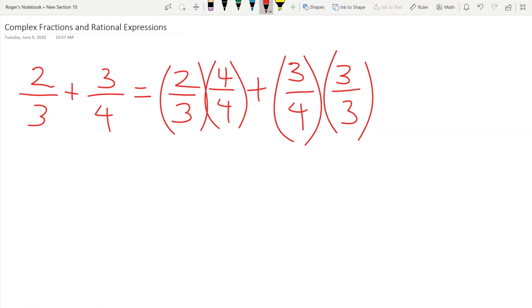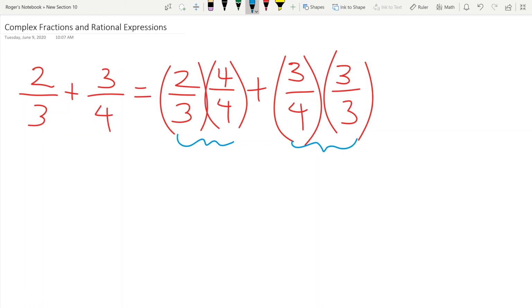So we've taken the 2, 3, and 4, we've multiplied them together in each case. So notice right here, we've multiplied them together, and right here we've multiplied them together. Of course, what you do to the denominator, you must do to the numerator, otherwise you wouldn't be multiplying by 1, and then the fraction would no longer have the same value.